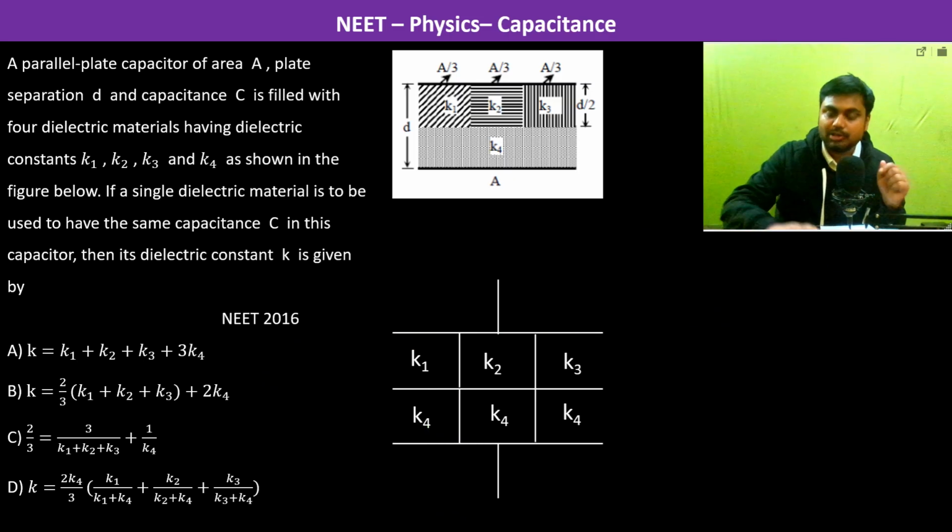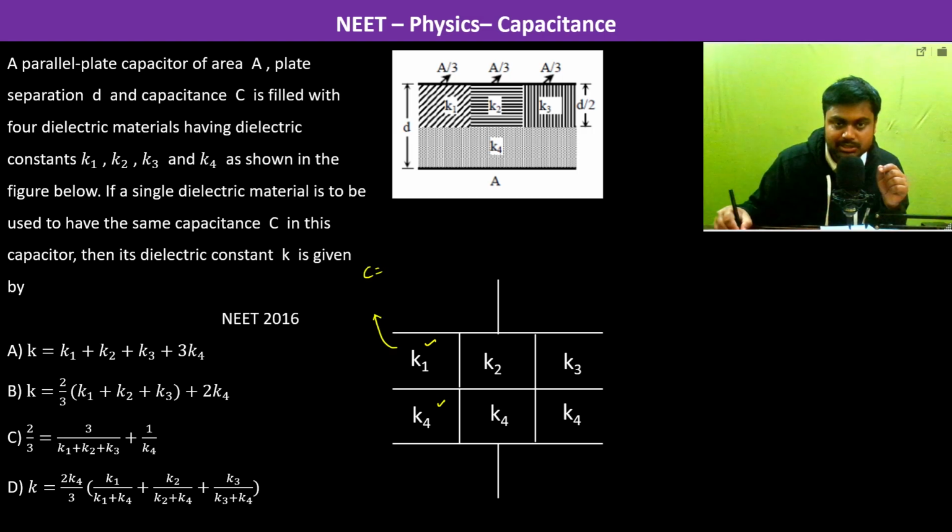Now let us solve this. This is how we have to do it. K1 and K4 are in series. For this, what is the capacitance?